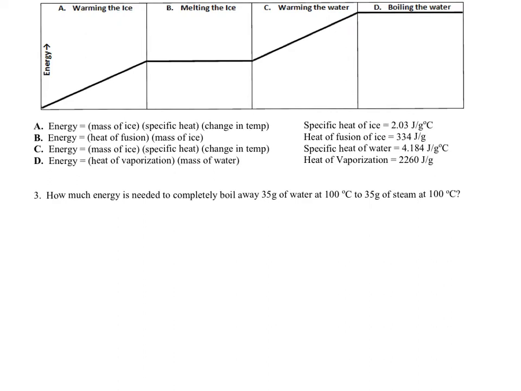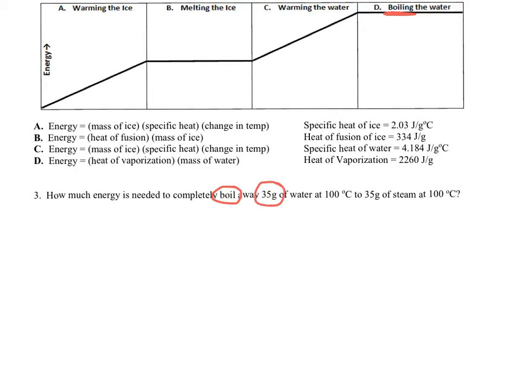Question number 3 says, how much energy is needed to completely boil away? Okay, so boil away, that's an important phrase. Let's make sure we pay attention to that, because boiling water is part of section D. But let's see where we are with our temperatures. So we've got 35 grams of water.